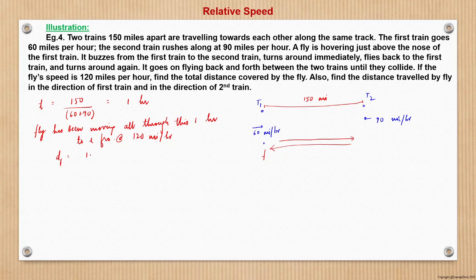Total distance covered by the fly is speed into total time it has flown. So this becomes 120 miles. So the total distance covered by the fly is 120 miles, and that is the first part. If the fly speed is 120 miles per hour, find the total distance covered by the fly. So this is the answer to the first part. Now the second part. Also find the distance traveled by the fly in the direction of the first train and in the direction of the second train. So let us see.